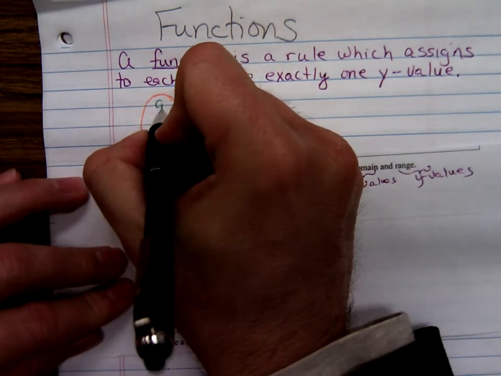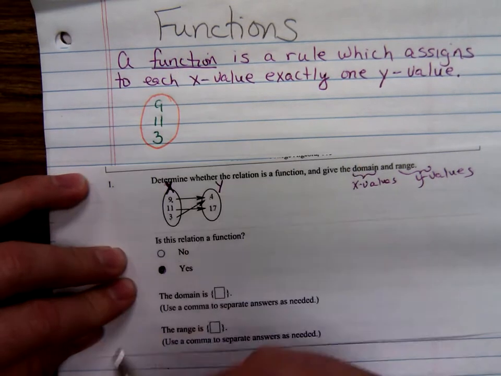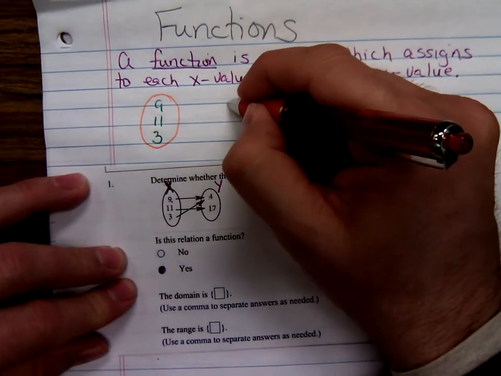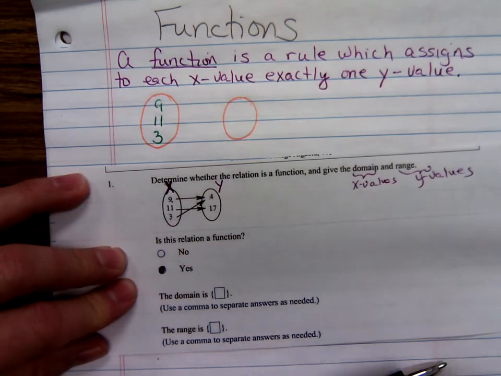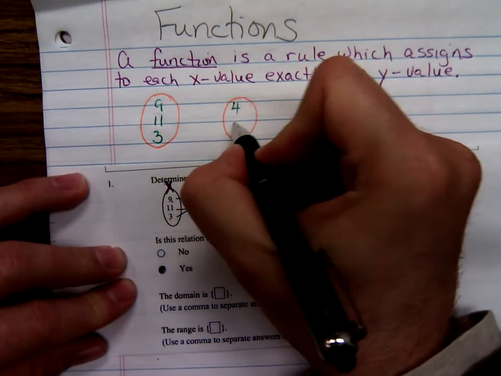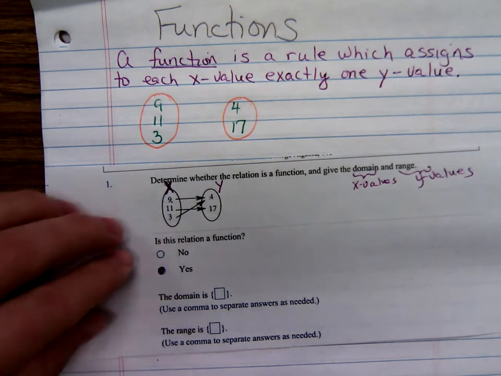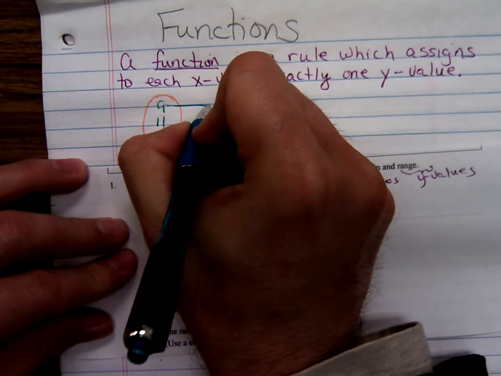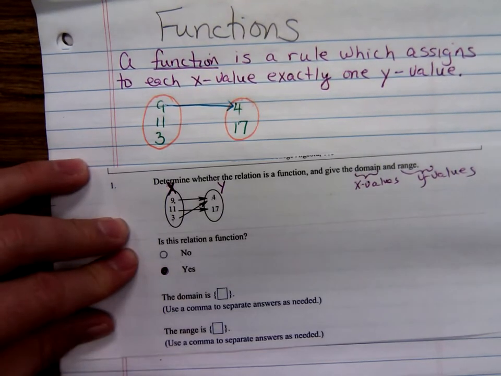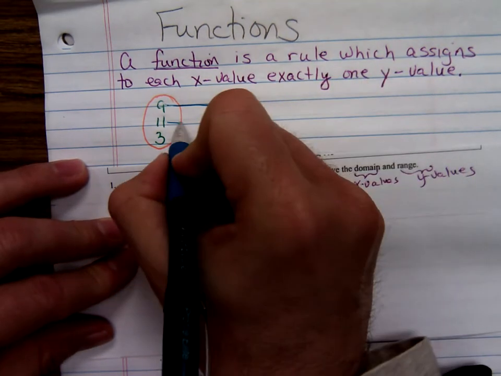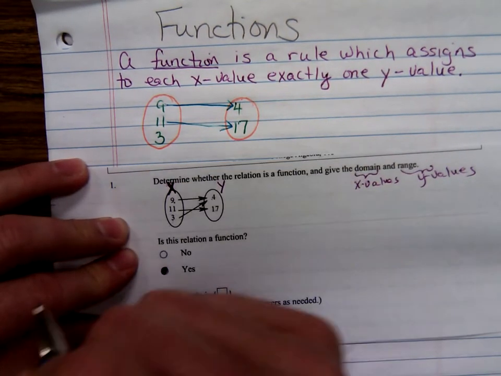If we had that 9, 11, 3, and over here, 4, 17, 9 is being assigned the y value 4. 11 is being assigned the y value 17.